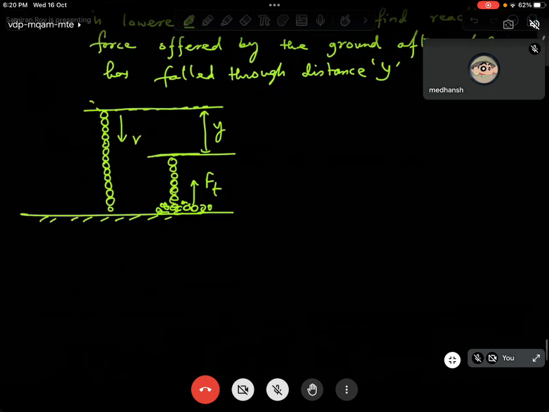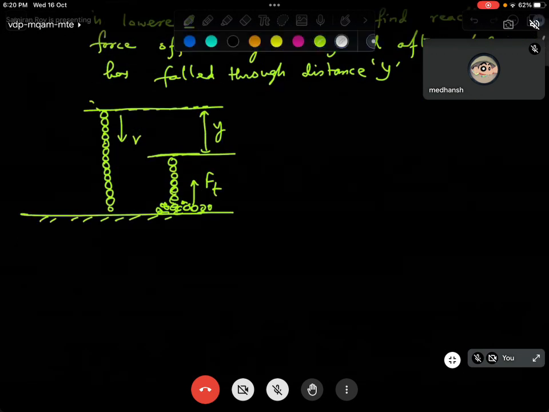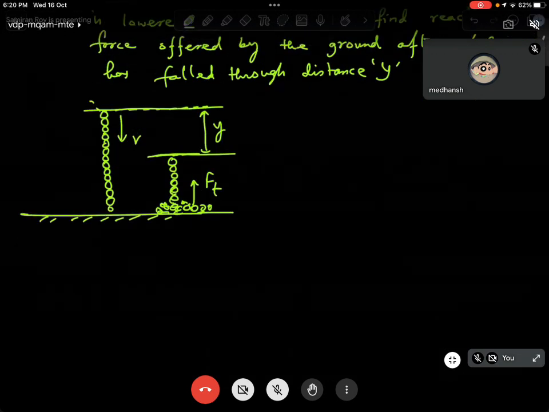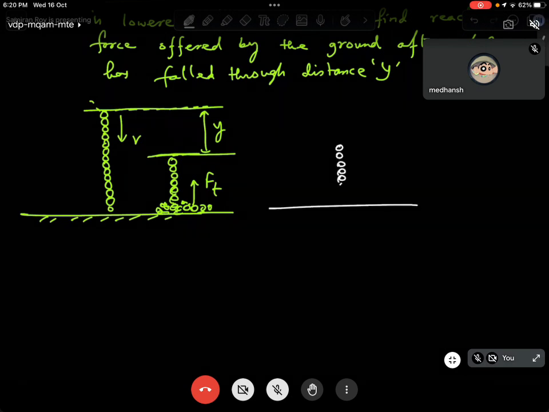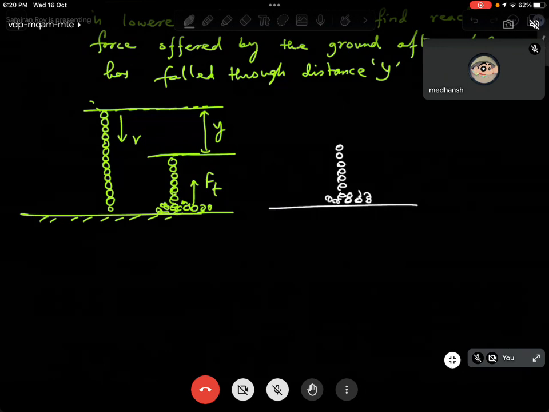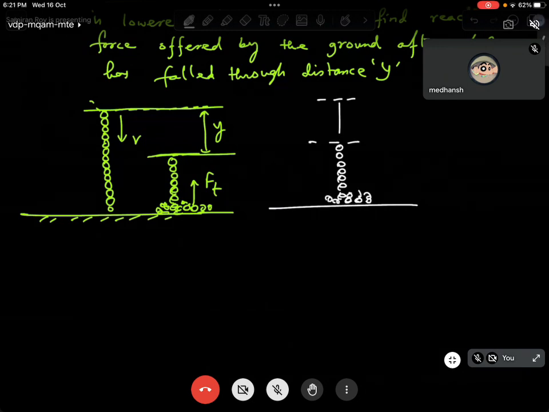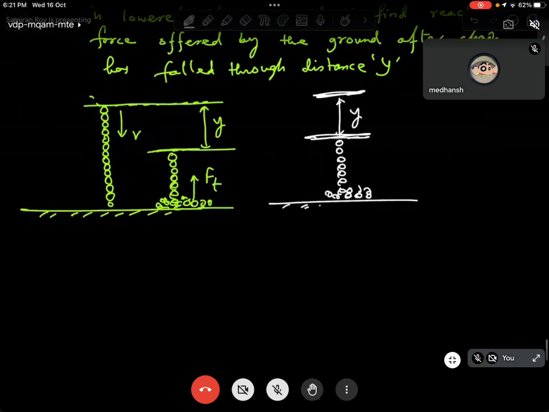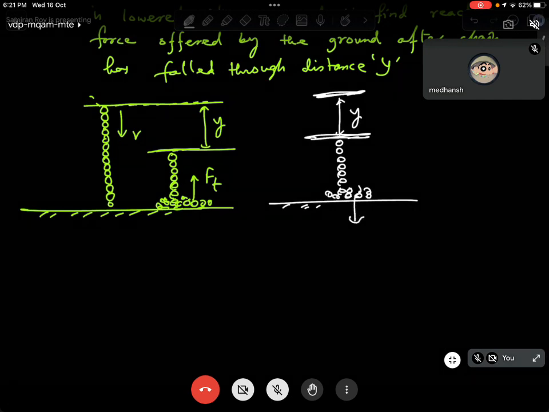Clear? So how to solve this question? Listen carefully. When it has fallen through a distance of y, part of the chain is here. Suppose its mass is m dash.